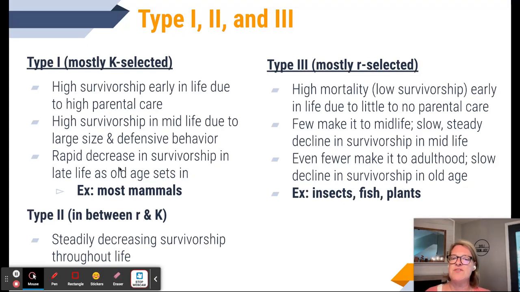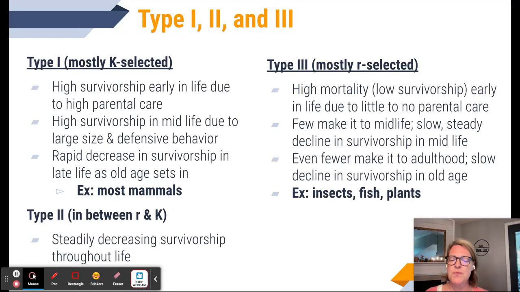Then there's a rapid decrease in survivorship as the population ages into an older age, whatever that age might be. In mammals, that tends to be very long. In other type 1 species, that might be a shorter lifespan, like maybe 20 years versus 150 years.